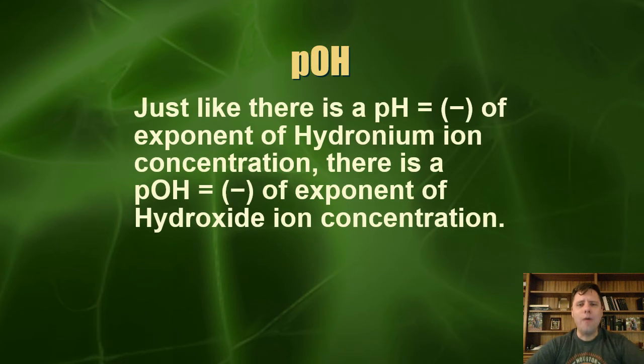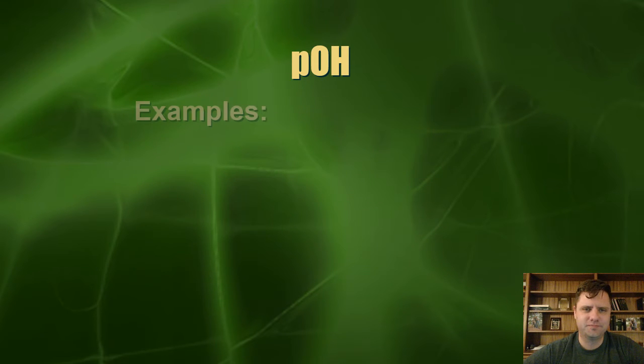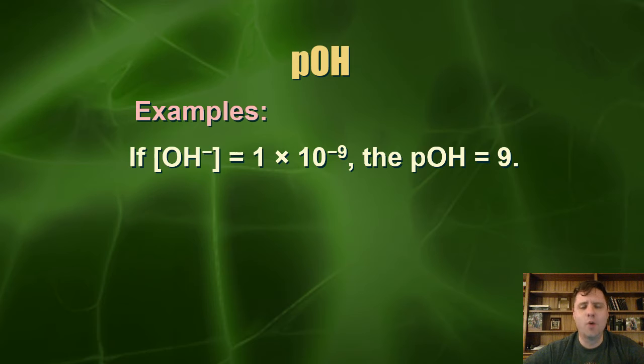Okay, now pOH is just like pH, except in this case, we're looking at the hydroxide ion concentration rather than the hydronium ion. So instead of looking at H3O+, we're looking at the concentration of OH-. Example, if OH- concentration is 1 times 10 to the negative 9, pOH is just, remember, the negative of this, which is just 9. So here, OH matches OH.